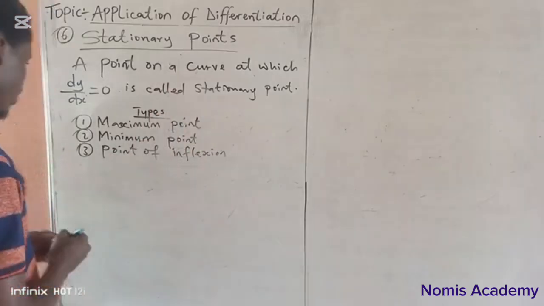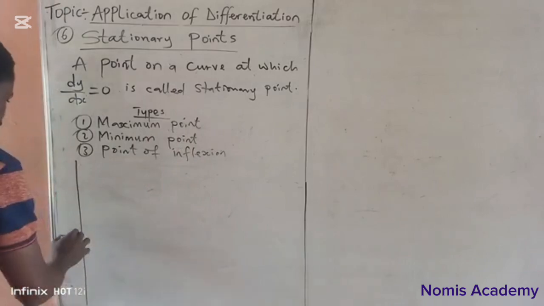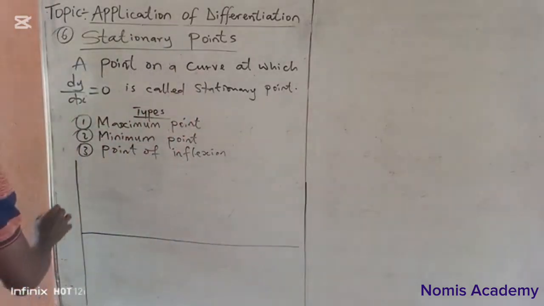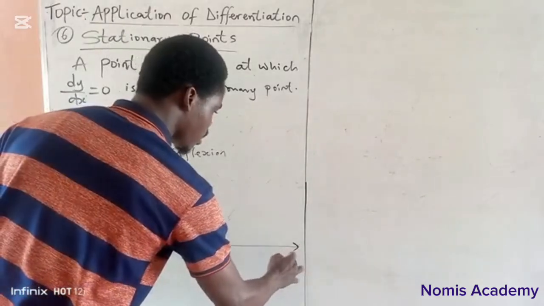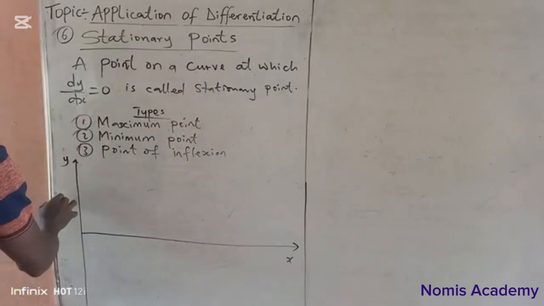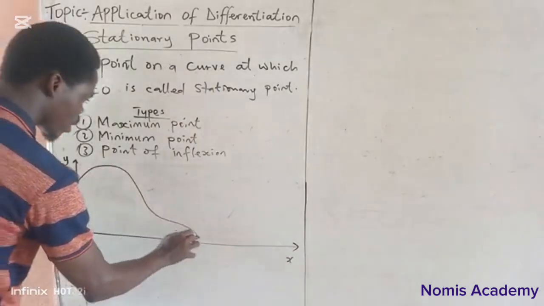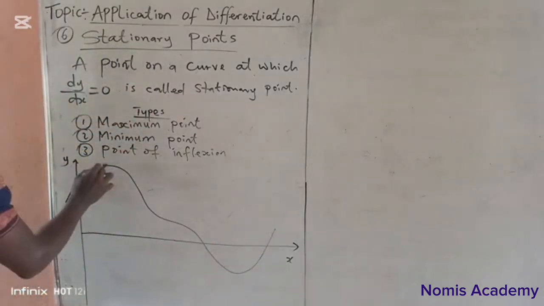Now let's take a graph. This is the y-axis and this is the x-axis. When you have a curve going like this, at this peak here there is a point.